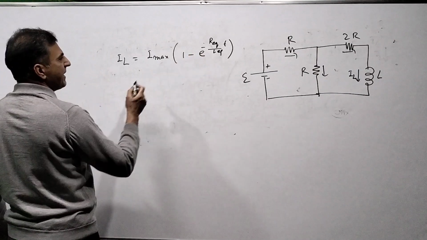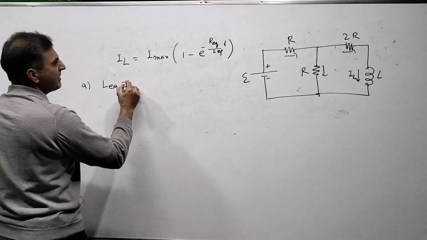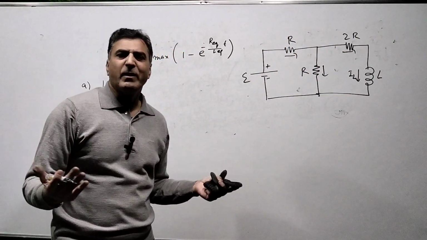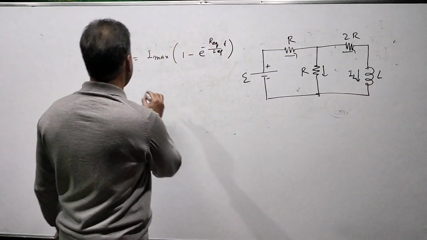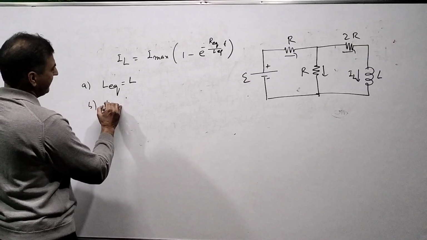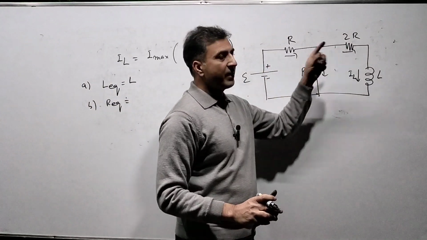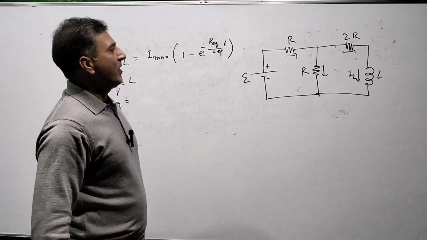First of all, in this case, what is L equivalent? There's only one L, so L equivalent is L. What is R equivalent? How many R's are there? R and R. How to find R equivalent? Tell me how to find R equivalent.